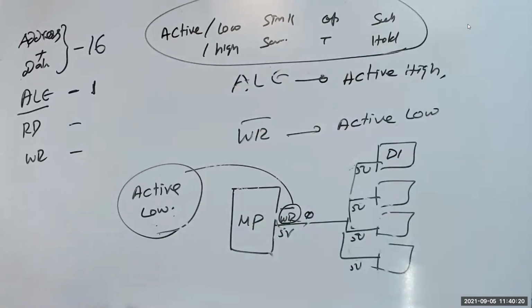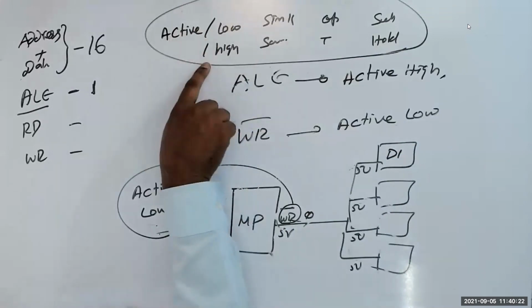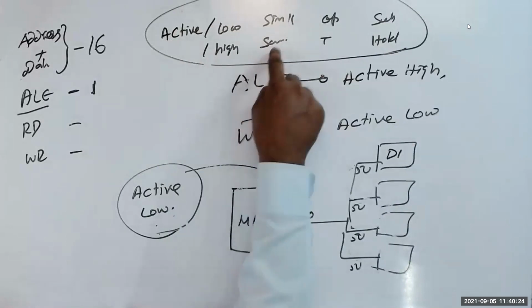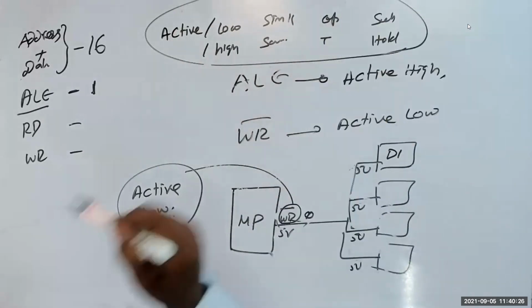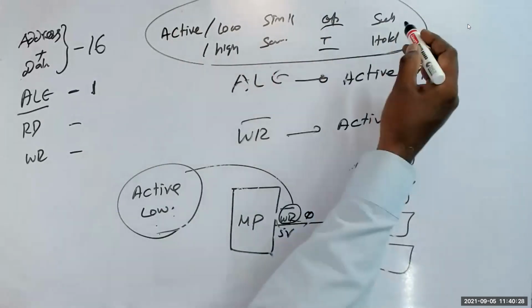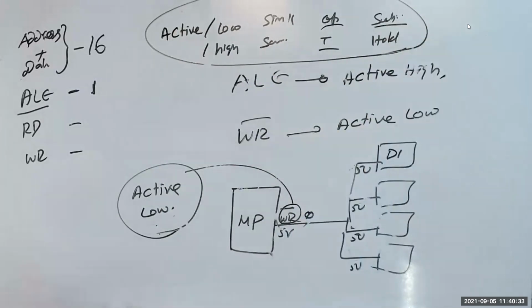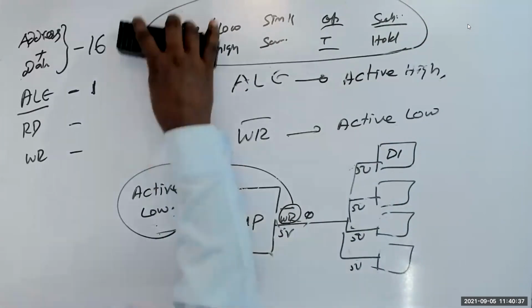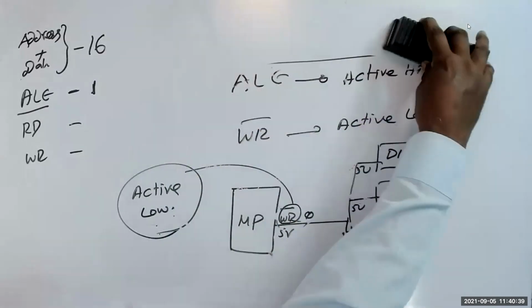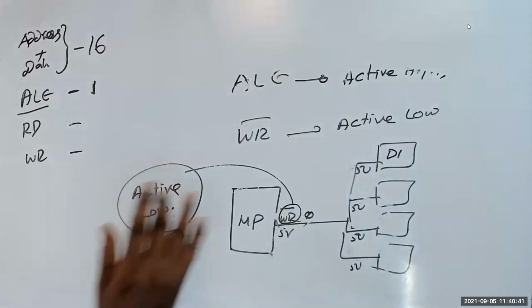Active low, active high, sink current, source current, open collector and tri-state, and setup time and hold time. These are the ones asked repeatedly in interviews. We will discuss this in our regular session, not here, not in the microprocessor.